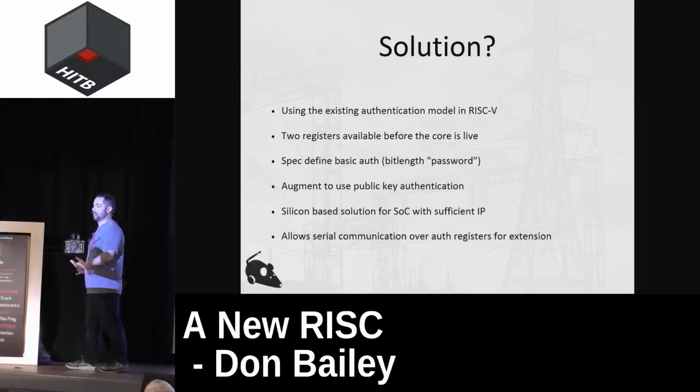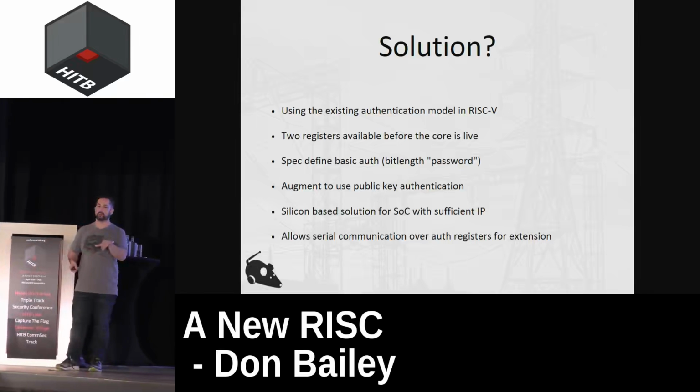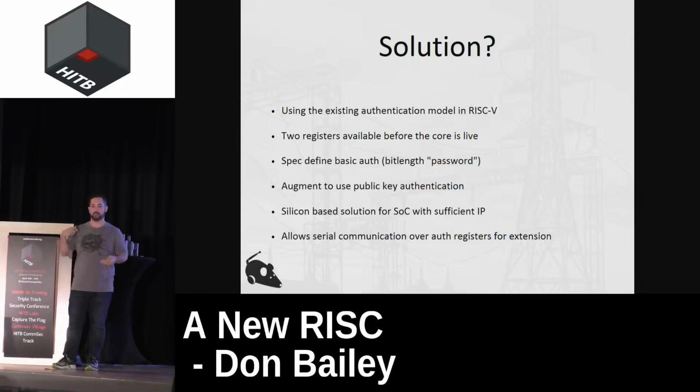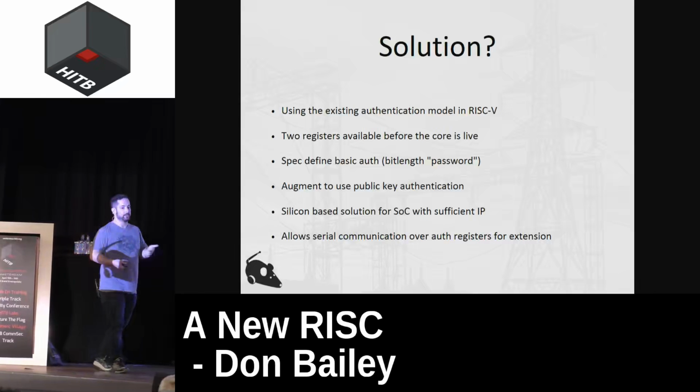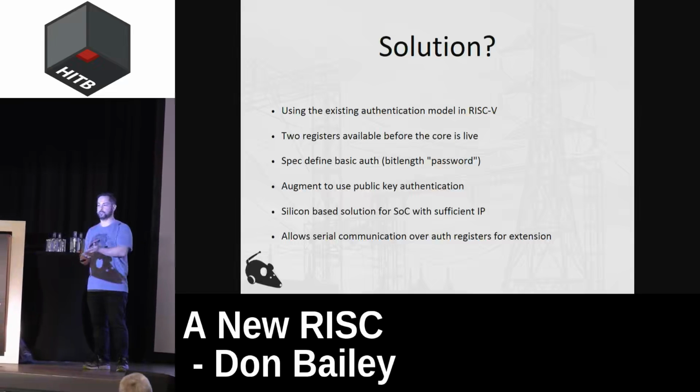The augmentation to that is to actually use those two registers as a very simple serial protocol. So I write into one register and I read from the other register. We basically have a circular buffer that allows me to write data into the core that's passed on to silicon that handles authentication.